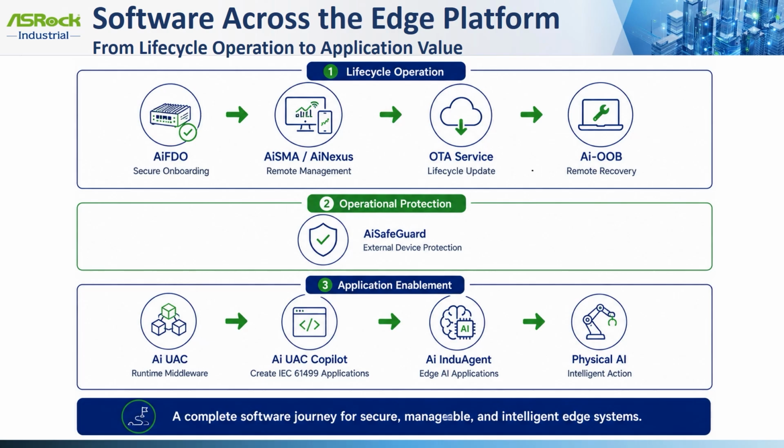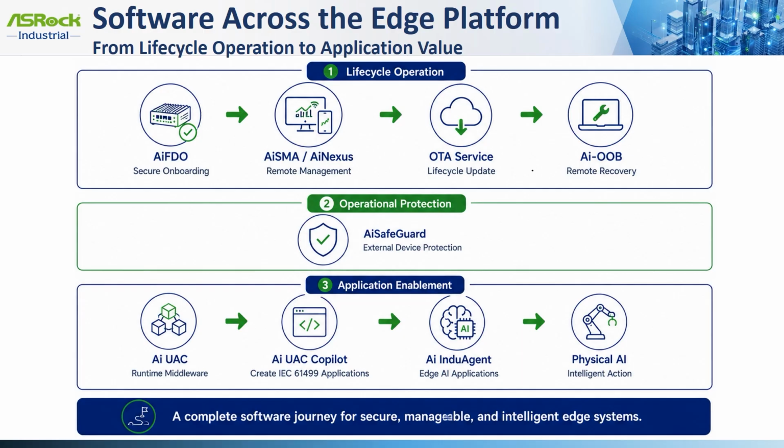Now that we have the overall framework, let's look at the software solution inside it. We will start with the lifecycle operation. First, Ai FDO helps onboard devices securely. Then, AiSMA and AiNexus support remote management.